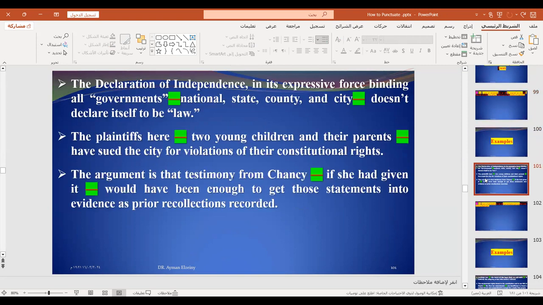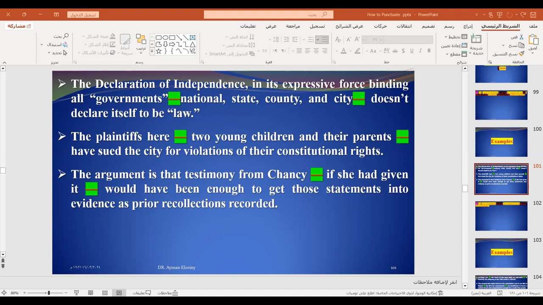For example, the Declaration of Independence in its expressive forms, binding all governments. Here, put EM dash, national, state, county, and city, EM dash, doesn't declare itself to be law.